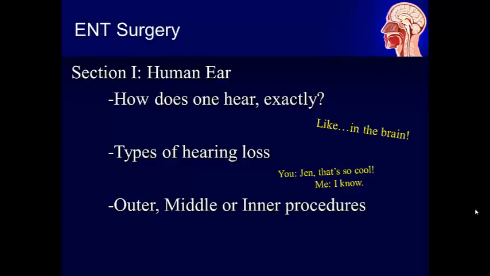Because there are 2 components necessary for one to hear, absence of only one can render a person hard of hearing. The 2 components of hearing are sound wave conduction and sensory neural interpretation. Should a patient's mechanical processes be diseased, damaged, or malformed, they would suffer from conductive hearing loss.